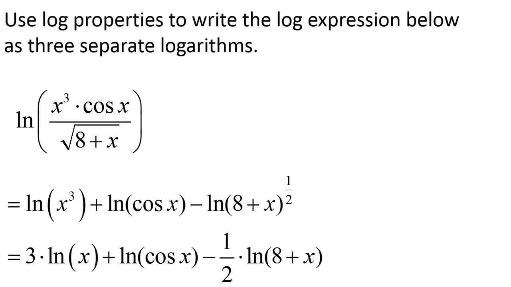Basically, if you said y equals x cubed times cosine x over root 8 plus x and took the natural log of both sides, you could use your log properties to simplify it down to here, which is very easy to take the derivative of. And on the other side, you'd have the derivative of ln of y. If you know implicit differentiation, it's not that bad. So it would make it workable.